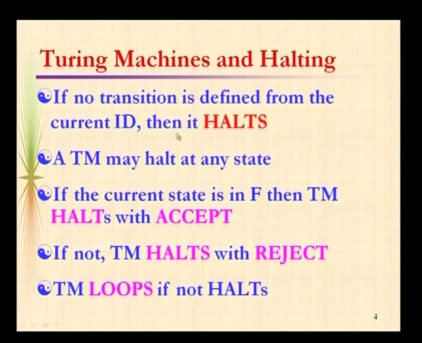So, it may halt when we are in a final state, or we will be halting when we find that there is no more transition from the current configuration. That is, if there is no transition defined from the current instantaneous description, then we will say that it is going to halt. There is another category of Turing machine where we may not halt.